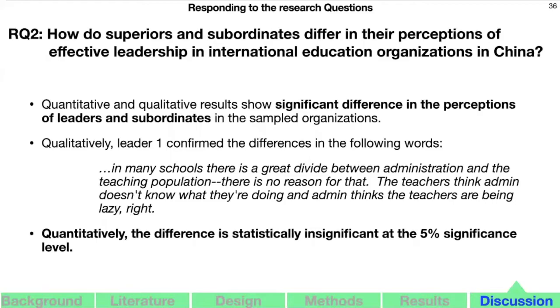For the second research question, there were differences between perceptions of subordinates and the leaders. And this was even qualitatively acknowledged by one of the leaders in this quote that I included here. But quantitatively, the difference was not significant at the 5% significance level.